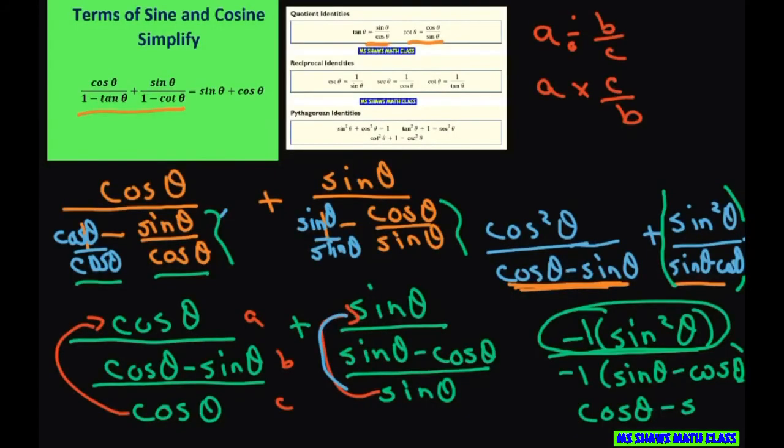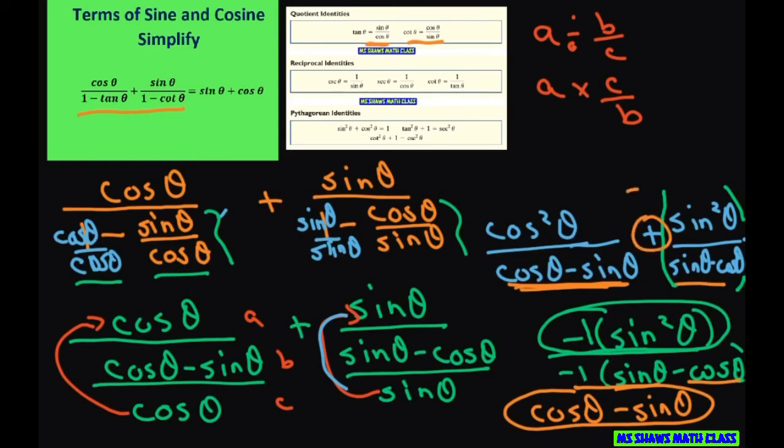This is just going to be cosine of theta minus sine of theta. Because I negated this, it's going to be negative sine plus cosine. Then I arranged it, so now I have the same denominator. The only difference is I'm going to change this to a negative, because when you do the negative, you have to do it to both the numerator and the denominator.